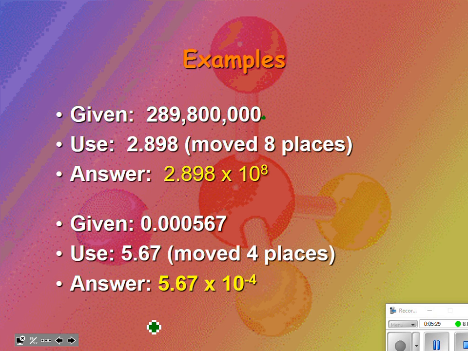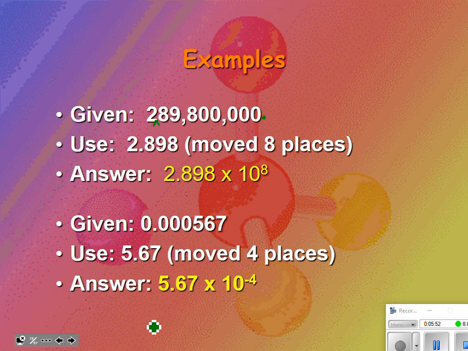Now I am going to make a non-zero one-digit number to the left. So I'm going to move my decimal point to right here. As I do so, I get 2.898. Now, why did I not write all of those zeros?